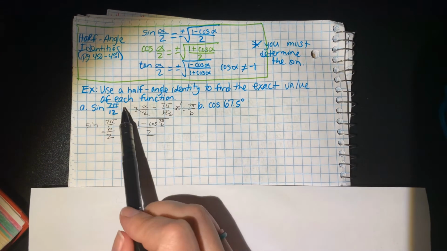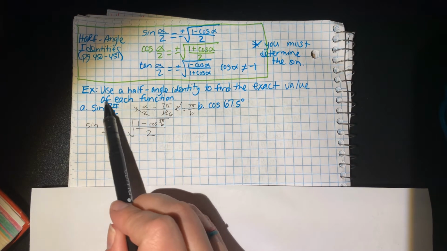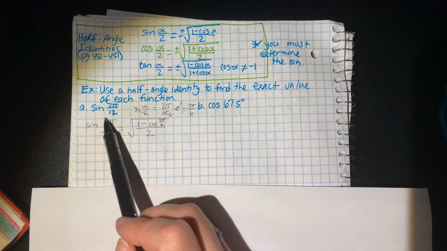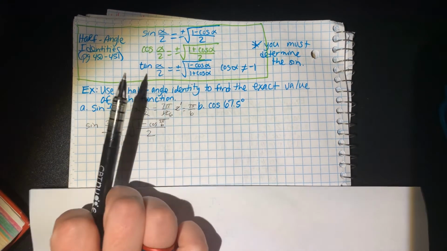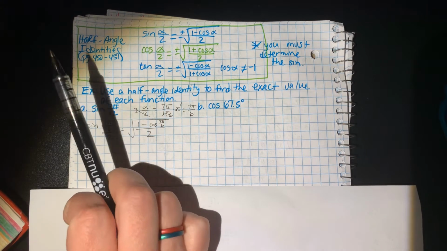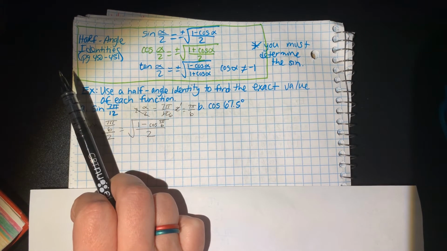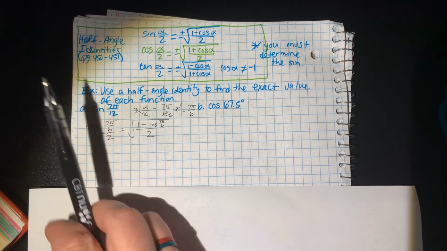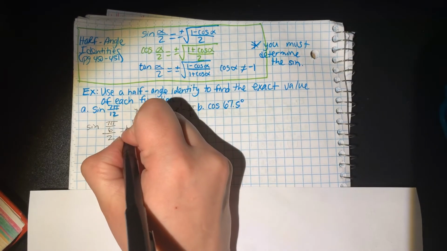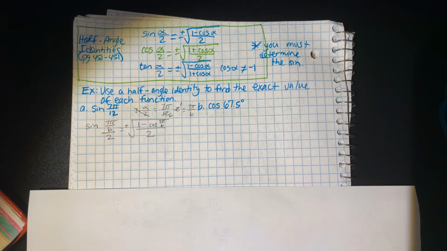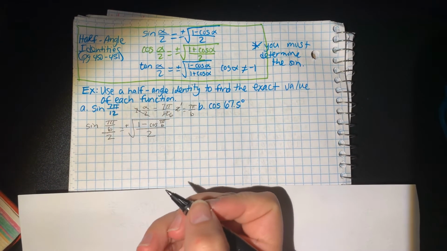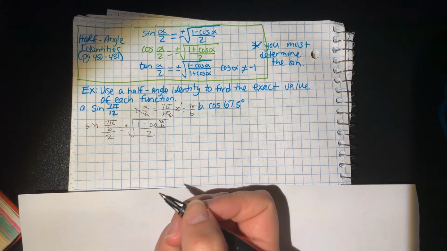So how we're going to do that is we're going to figure out at 7 pi over 12, what is the sine of that angle going to be? Well, it's going to be more than half of a pi, because that would be 6 pi over 12. So we're in quadrant 2. A sine in quadrant 2 is a positive value. You can look at your unit circle. So that means that this is going to have a positive value. If it was in one of the areas where sine was negative, then we would have a negative out in front.